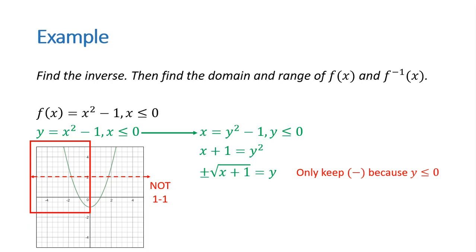If we keep the positive, we're getting positive outputs. If we keep the negative, we're getting only the negative outputs, the ones that we want. So our actual inverse is going to be y equals negative square root of x plus 1. So I change to my function notation. F inverse of x is equal to negative square root of x plus 1.